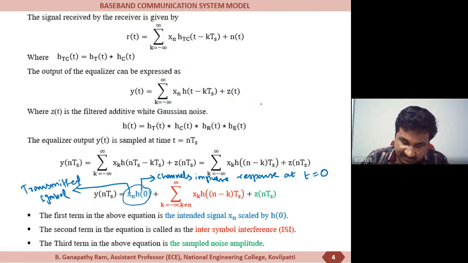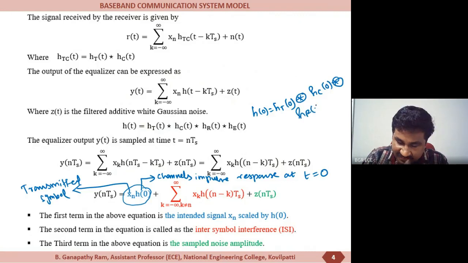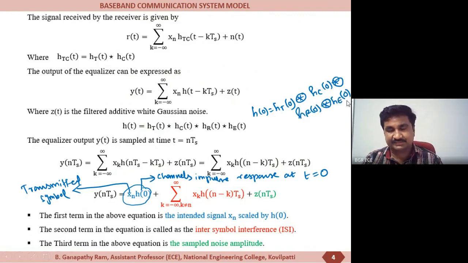That means h of 0 is nothing but ht of 0 convolution with hc of 0 convolution with hr of 0 convolution with he of 0. The transmitted symbol is scaled by the channel's impulse response. This is the first term.